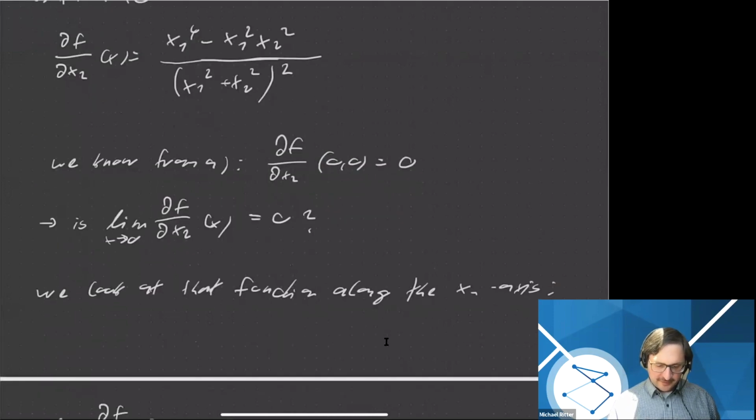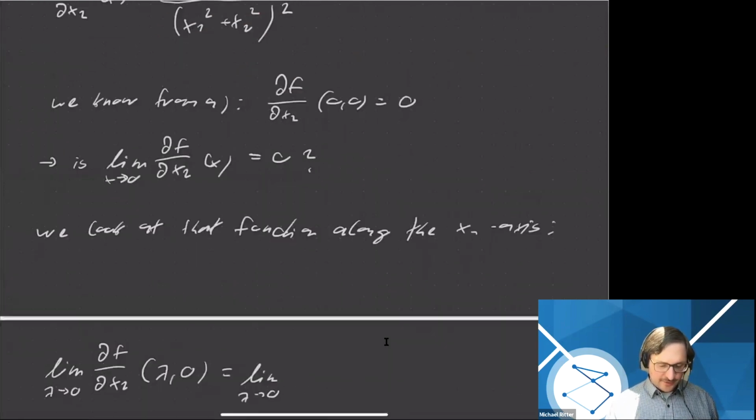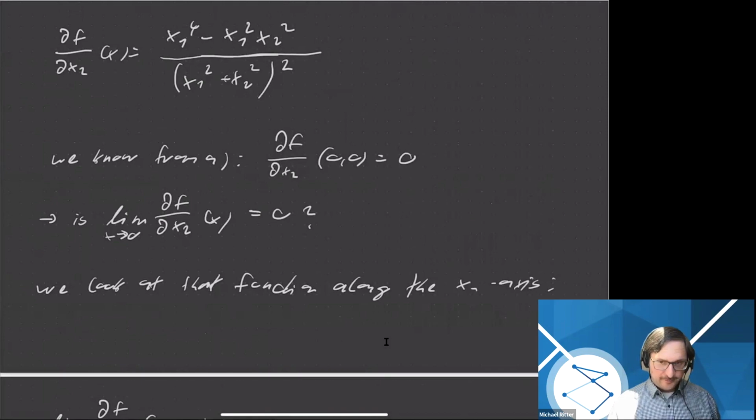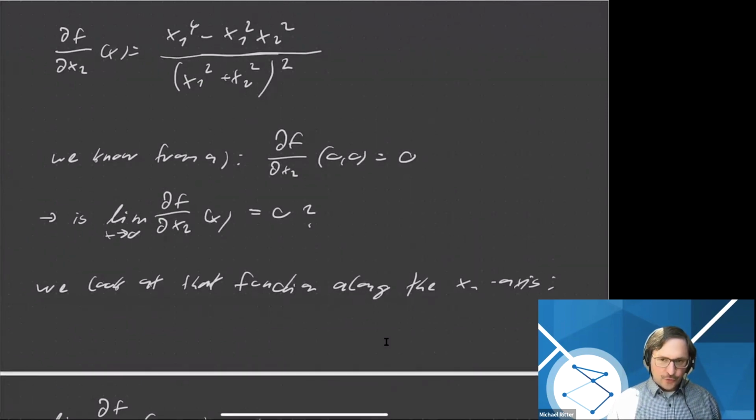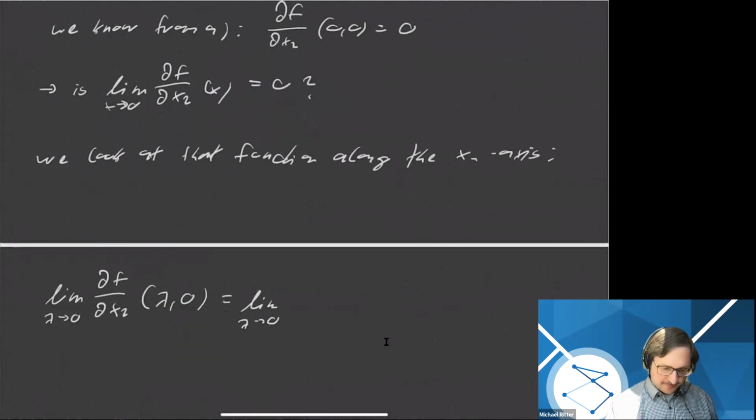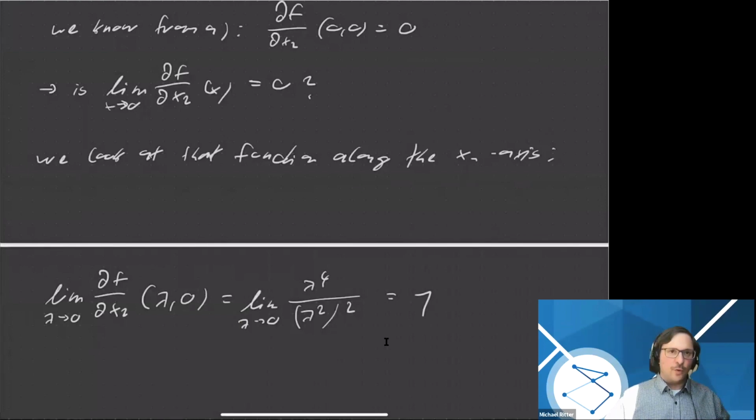If x1 is lambda, then this term remains. x2 is 0, so this term vanishes and this term vanishes. So we get lambda to the 4th over lambda squared squared. And you can see this evaluates to 1.